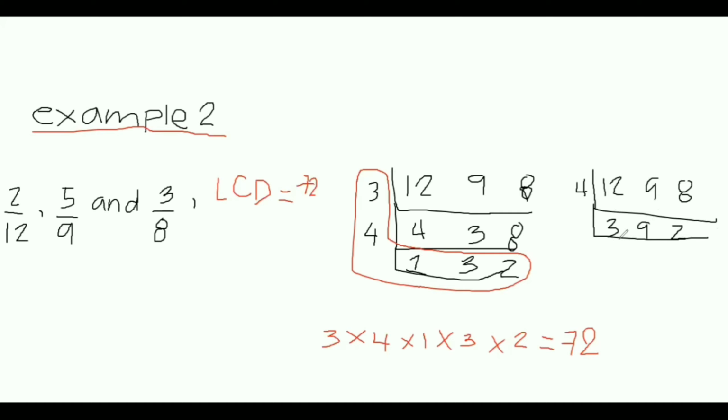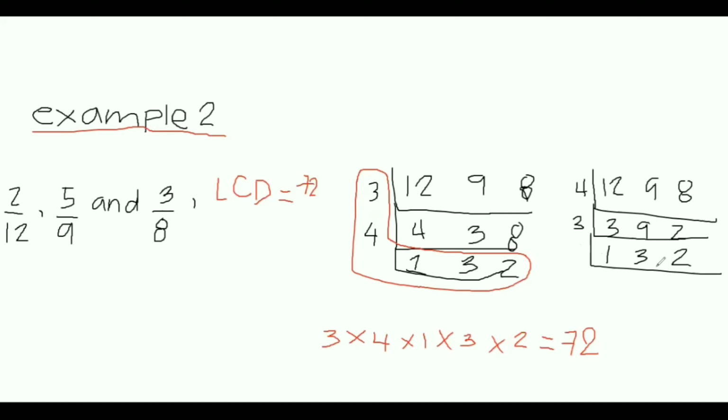Dito naman sa 3, 9, and 2, si 3 at si 9 yung pwede nating i-divide kay 3. So 3 divided by 3 is 1. 9 divided by 3 is 3. And then 2 cannot be divided by 3, kaya bring down lang yan. So ito yung magiging answer natin. Kung mapapansin natin, pareho lang siya.